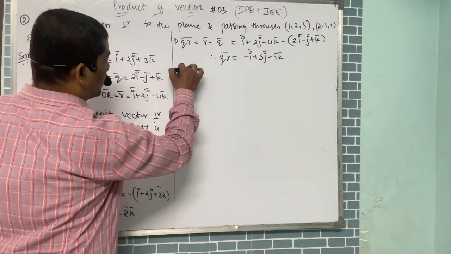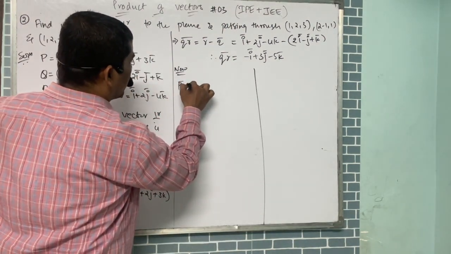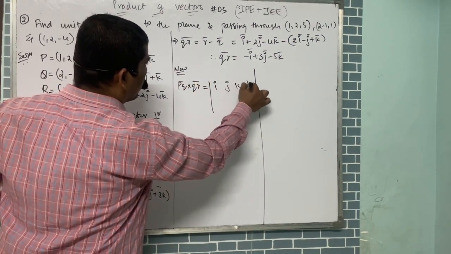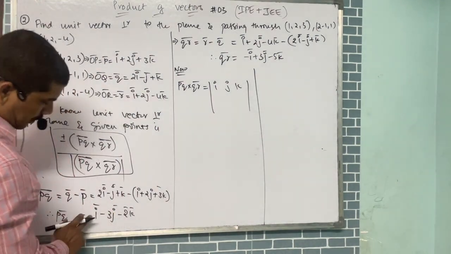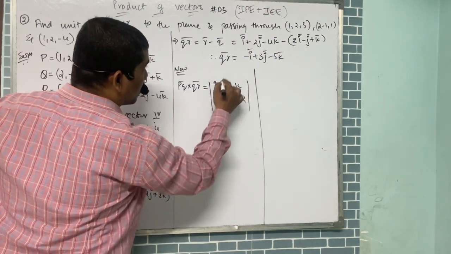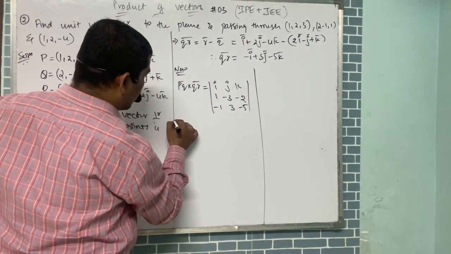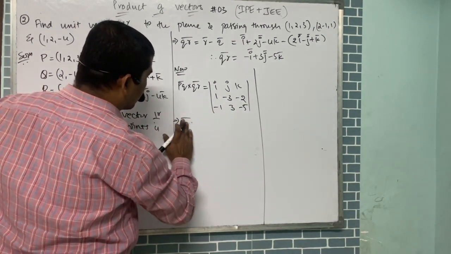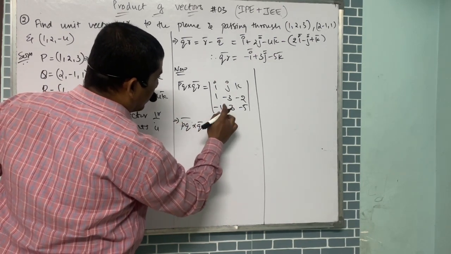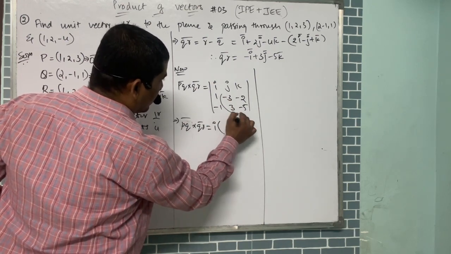So now we should do PQ cross product QR. That is i, j, k. What is PQ? Here 1, minus 3, minus 2. QR: minus 1, 3, minus 5. So if I do this, what am I going to get? AD minus BC. See, AD: this I should solve.